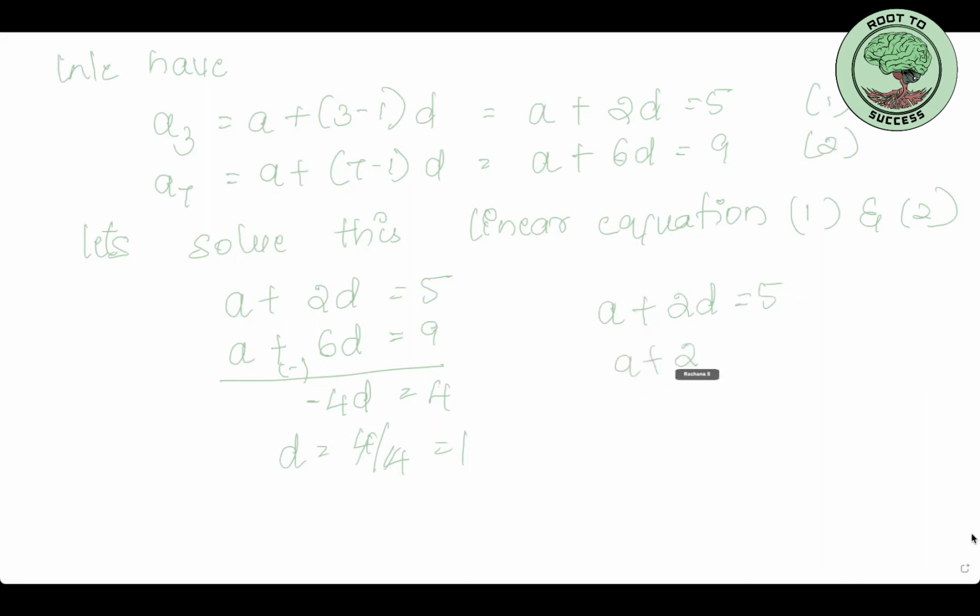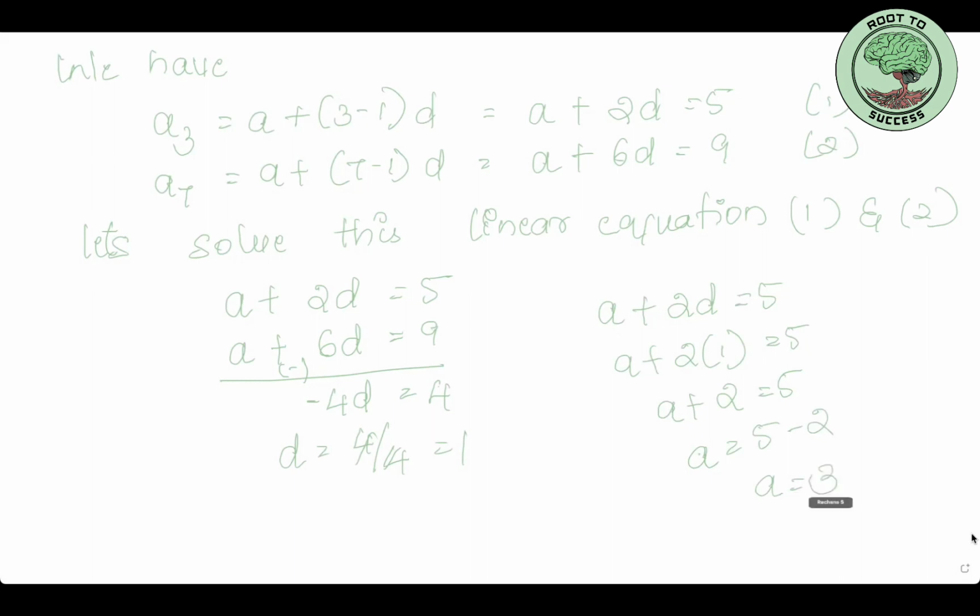A plus 2, that we have D as 1, and 5. A will be 5 minus 2, that is A will be 3.